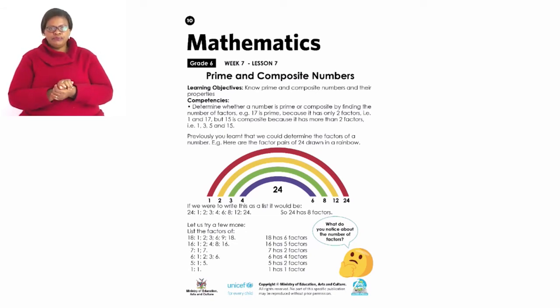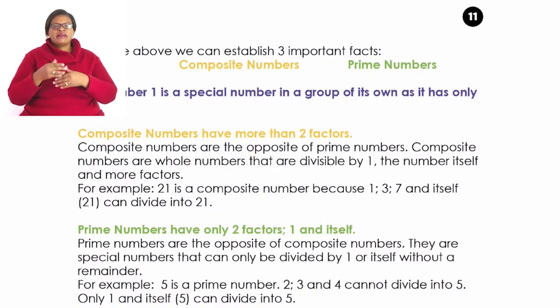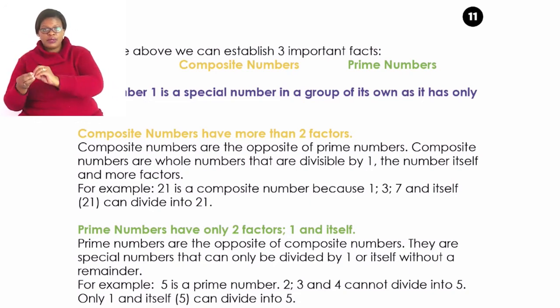Now, I want you to notice the difference. Let's go back to page 11. The reason why 1 cannot be regarded as a prime number is because it only has 1 factor. In order for a number to be considered a prime number, it must have 2 factors, which is 1 and that number itself.